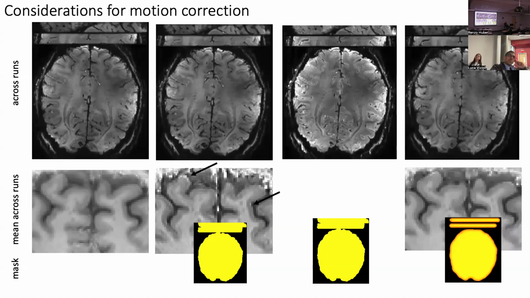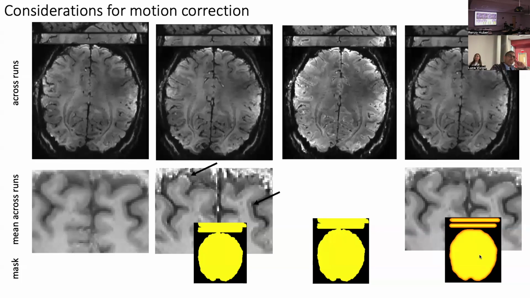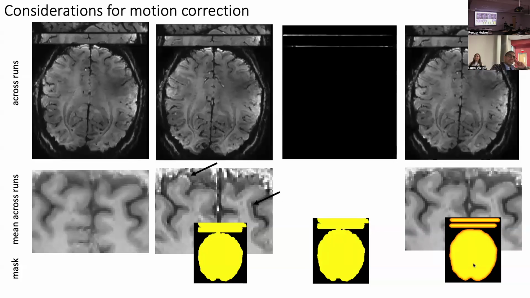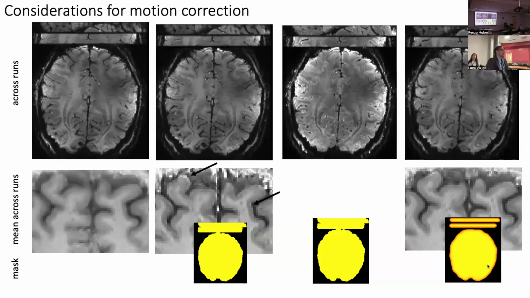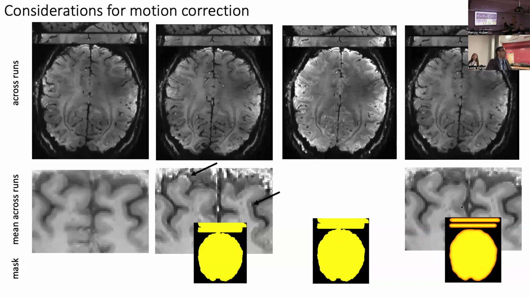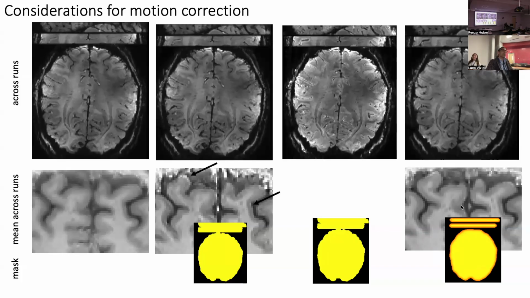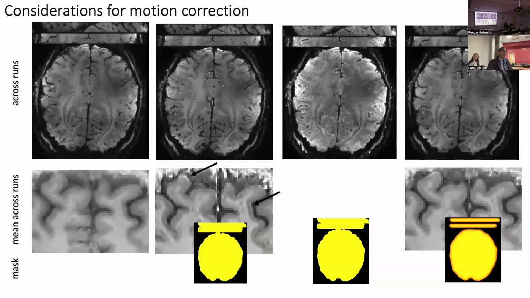So what I'm doing here is I'm trying to get rid of the outermost slices and give them less weight. So I'm estimating the motion only in a fraction of the coverage that I have, which results in more stable images across runs.